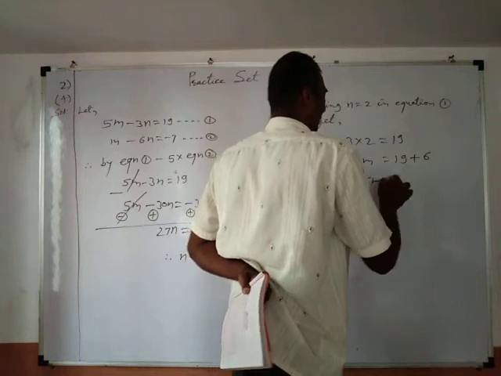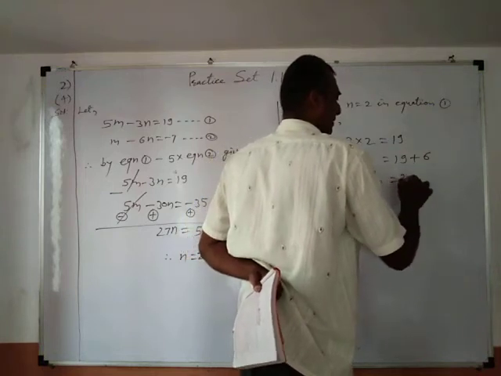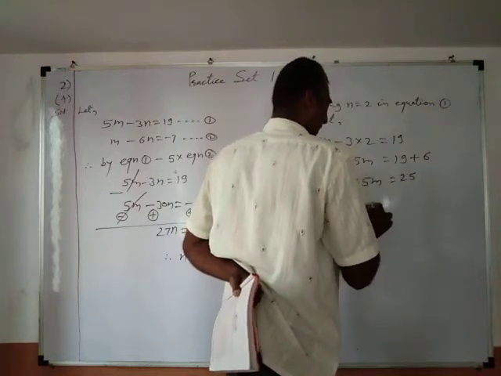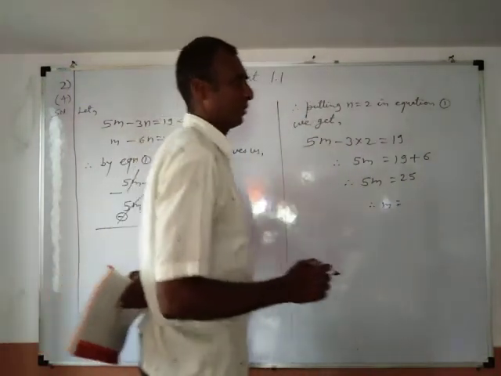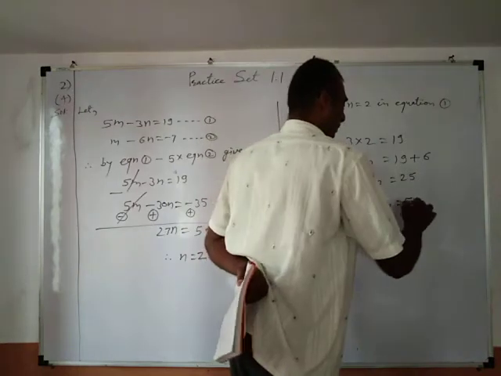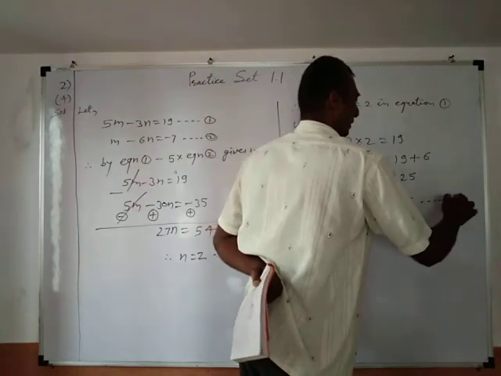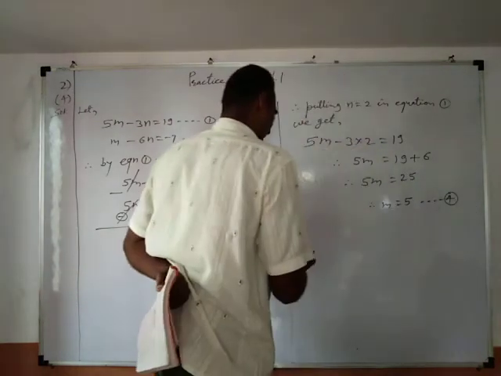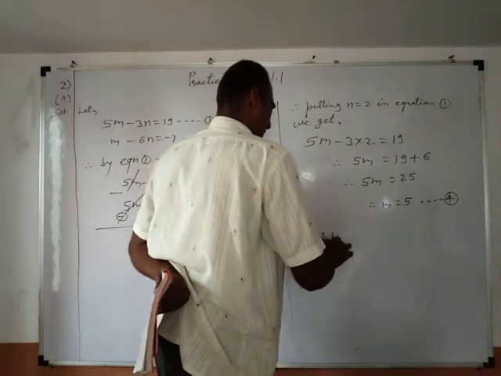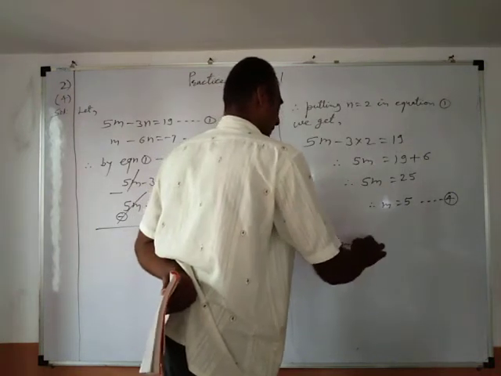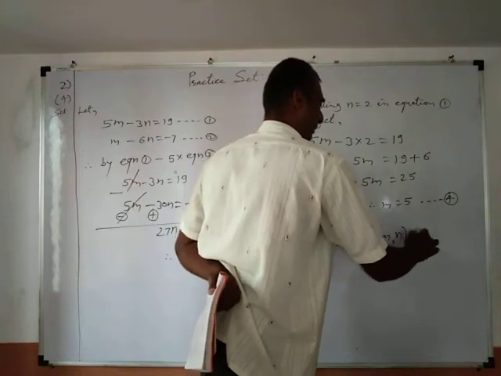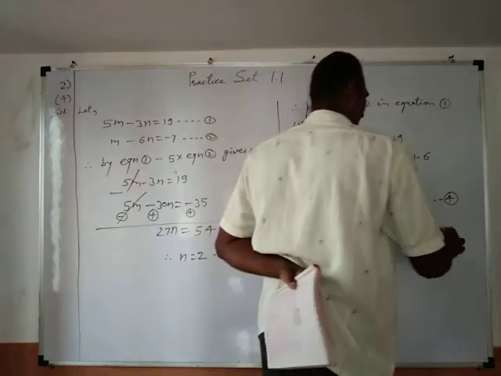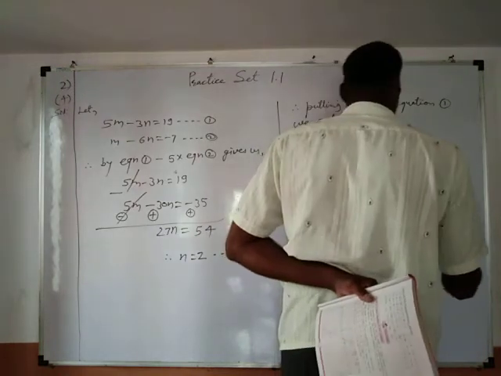Therefore, 5m equals 19 plus 6, 25. Therefore, m will be 25 upon 5. 5 ones are 5, 5 5s are 25. M will be 5. Equation 4. And therefore, solution is m comma n must be 5 comma 2.